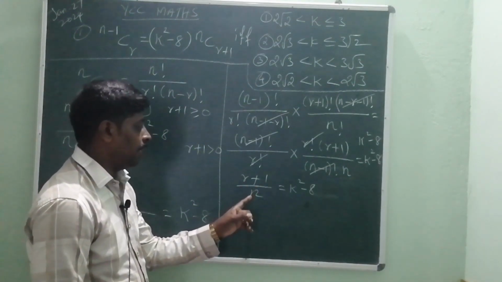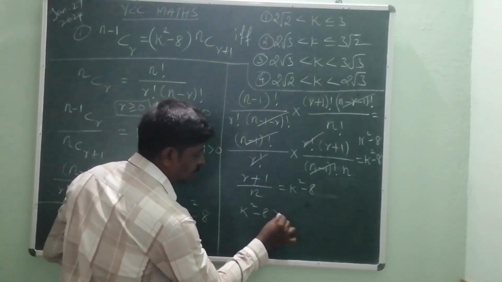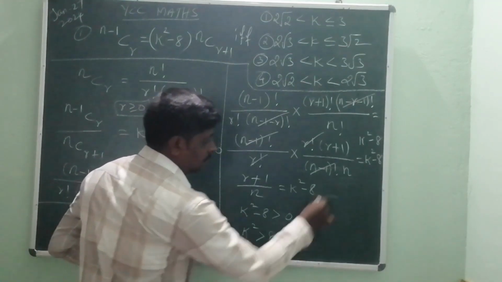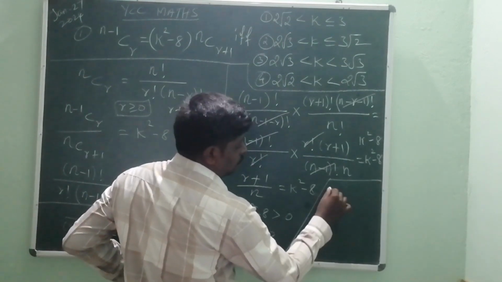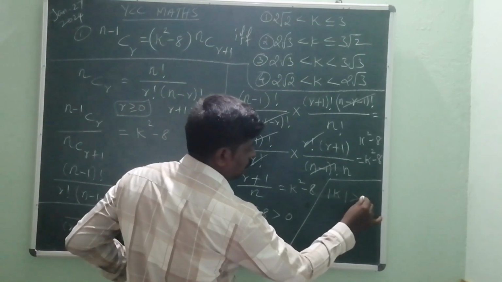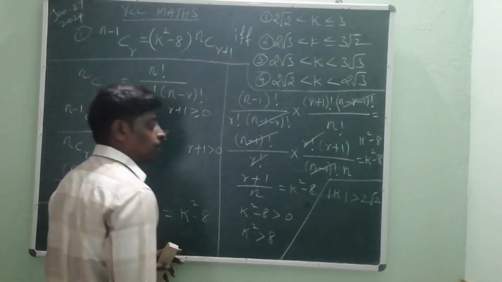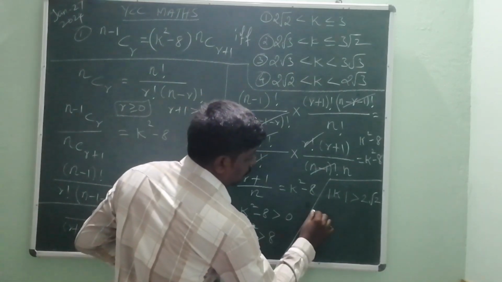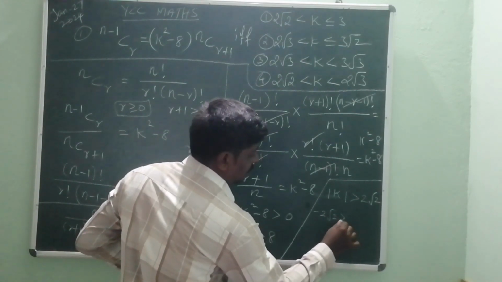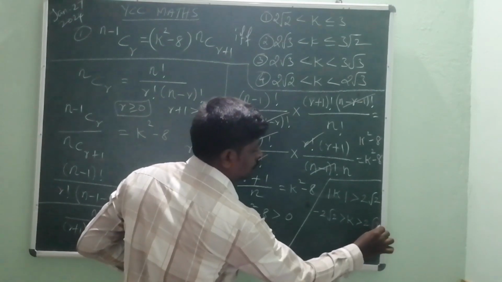So k square minus 8 is greater than 0, k square is greater than 8, so modulus of k is greater than root 8, that is 2 root 2. That is, k is less than minus 2 root 2 or greater than plus 2 root 2.